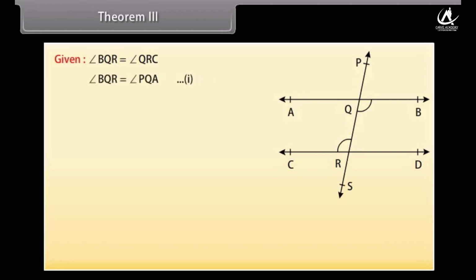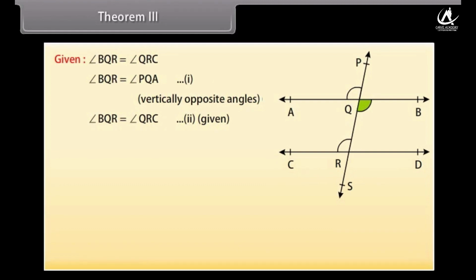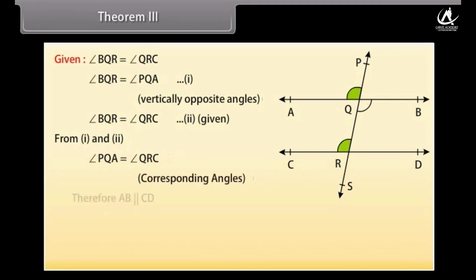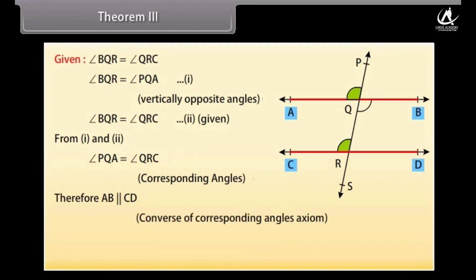Also, angle BQR is equal to angle PQA because these are vertically opposite angles. Mark it as 1. But angle BQR is equal to angle QRC, given. Mark it as 2. So, from 1 and 2 you may conclude that angle PQA is equal to angle QRC. But they are corresponding angles. So AB is parallel to CD, by the converse of the corresponding angles axiom.